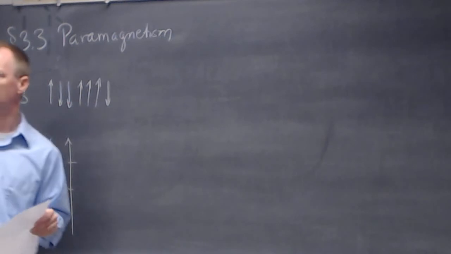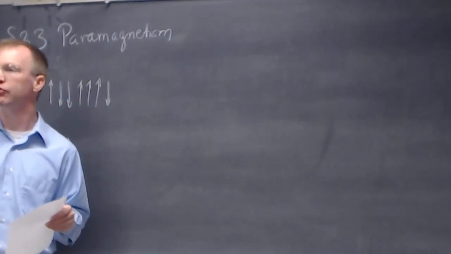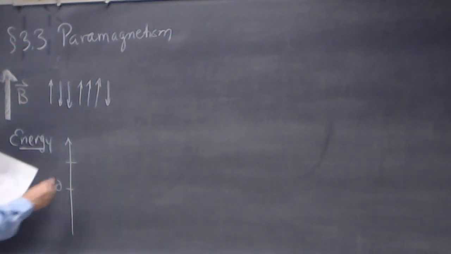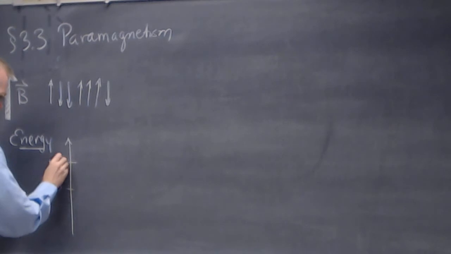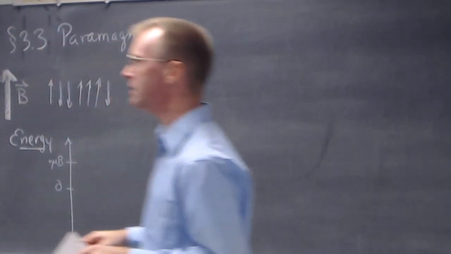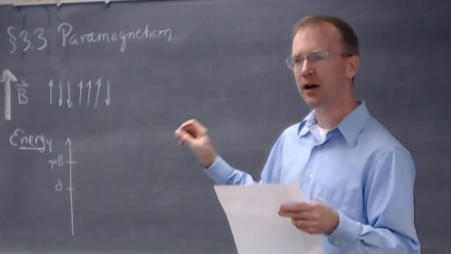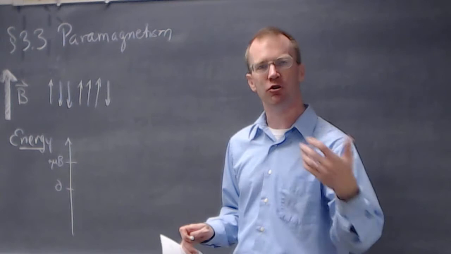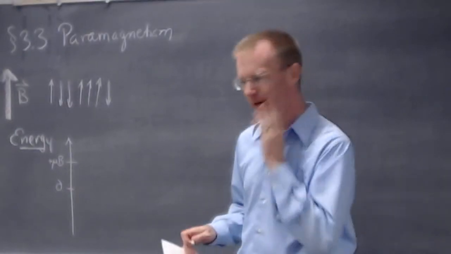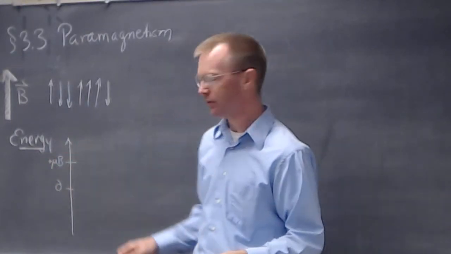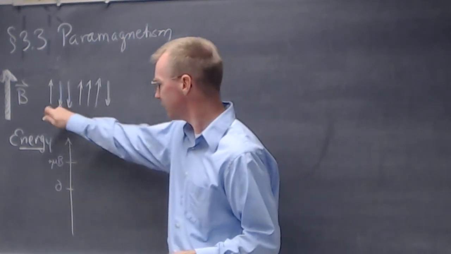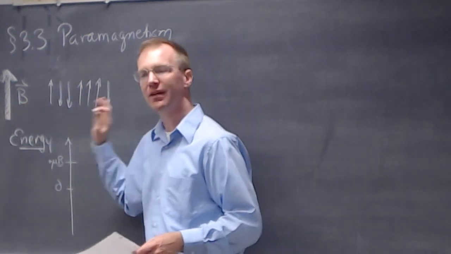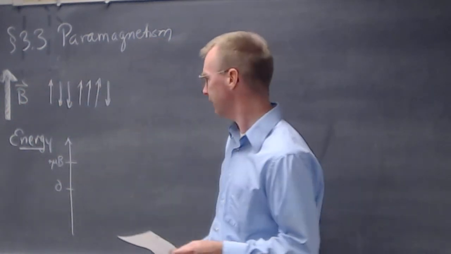It can either have an energy of, and I believe we found or asserted this in chapter 2 when we first introduced these, plus μB, where μ is called the dipole moment. Moment, like there's moment of inertia, well, there's a dipole moment as well. And it's simply a number that is associated with the strength of this little dipole's magnetic field. Where B, then, is the strength of this external magnetic field they're trying to align with.